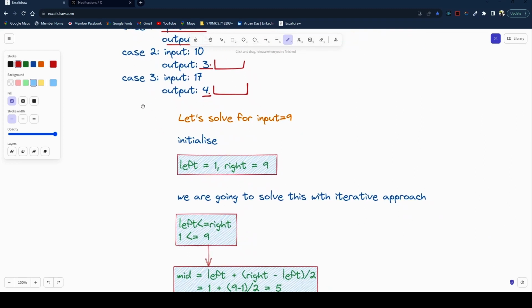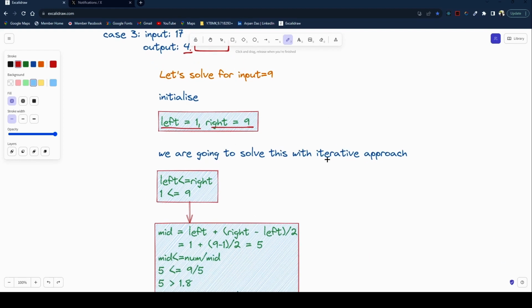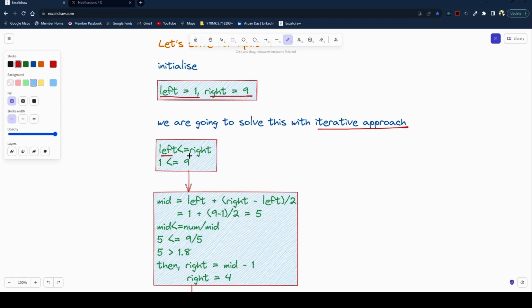First initialize, like we have done in the first problem, left equal 1, right equal 9. We are going to solve this with the iterative approach. Left is smaller or equal to right, left is 1 and right is 9.